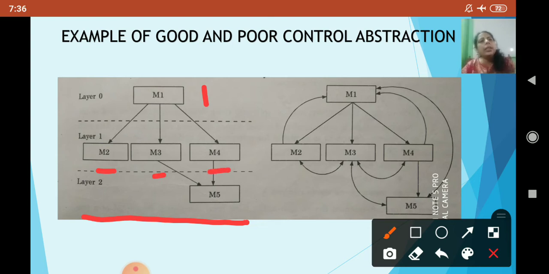But in the second example, the control abstraction is very poor, because we cannot easily understand it, and it violates the principle of layering. The low level module is also calling the upper level module, so it is not a good design. We use the first type of layering for a good design.